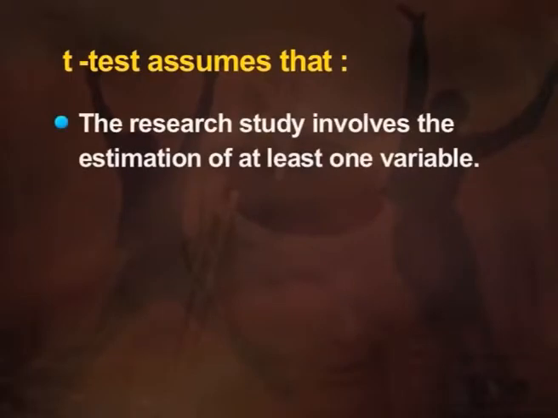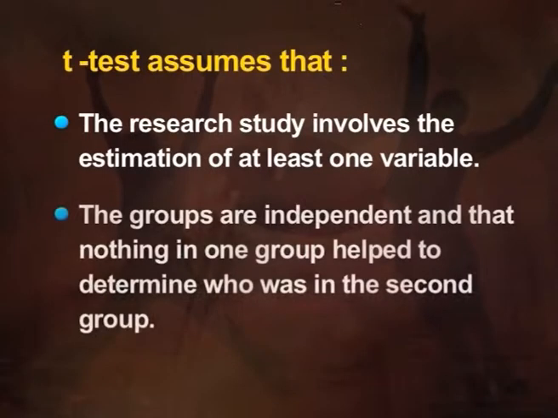However, before applying the t-test, one must be aware of the assumptions the t-test makes about the data set. T-test assumes that the research study involves the estimation of at least one variable. Secondly, the groups are independent and that nothing in one group helped to determine who was in the second group.